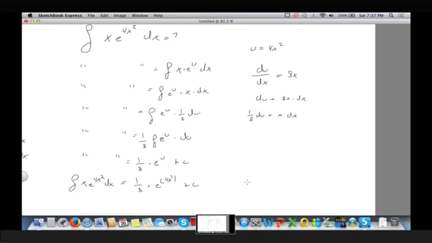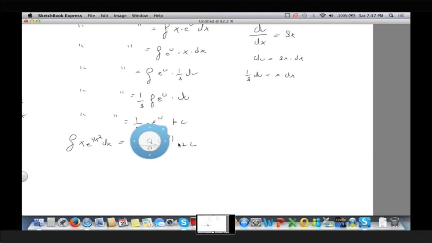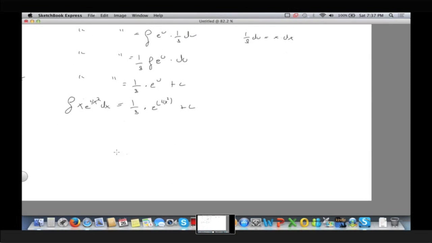How could you check that answer? You can take the derivative of what we found. It should equal the integral. So we'll do that.